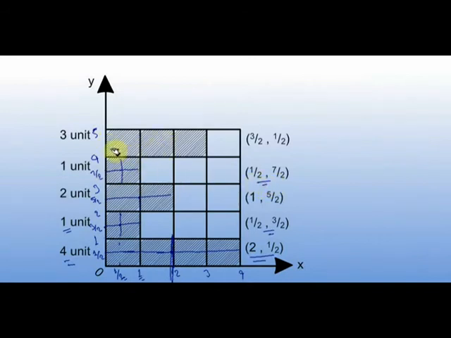Similarly, here the x coordinate of center of mass will be 3 by 2, and the y coordinate would be 9 by 2. So we have the coordinates of center of mass of these 5 regions.